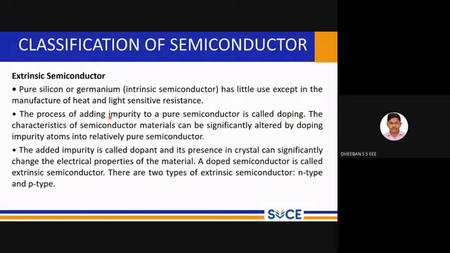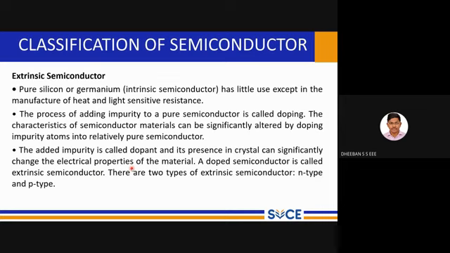Upon adding the impurity, basically the characteristics change. What does the change in characteristics mean? You have to see whether it supports the flow of electric current or opposes it.